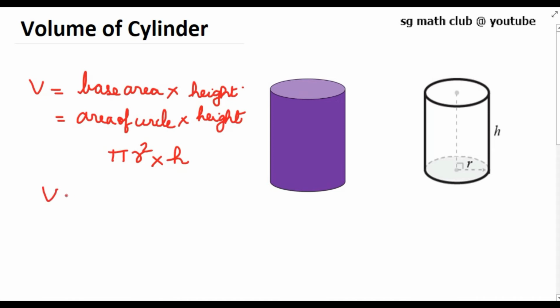So volume of the cylinder is pi r square h, where r is the radius of the cylinder and h is the height of the cylinder. This is the formula to find the volume of a cylinder: volume of cylinder is pi r square h. Pi can take the value 22 by 7 or 3.14.